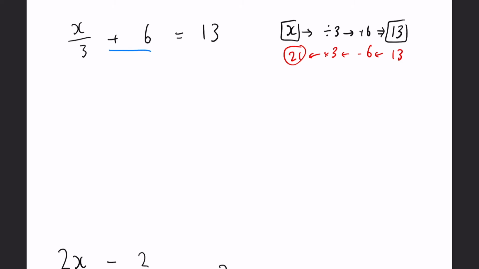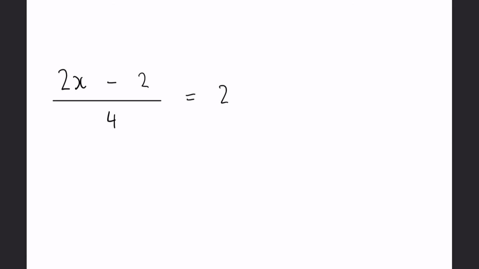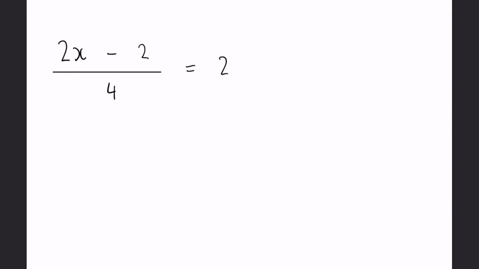The plus 6 is separate, so we can do the opposite of that first. We subtract 6 on both sides, leaving us with x over 3 equals 7. And because it's x divided by 3, to do the opposite of that, we want to multiply by 3, just like we spoke about before. So x equals 21.